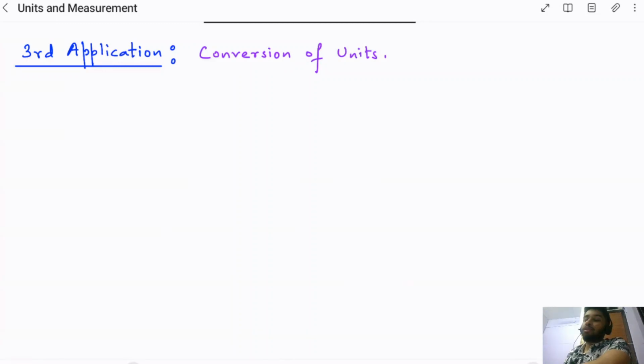So here the concept is that the product of numerical value and unit remains throughout different systems.